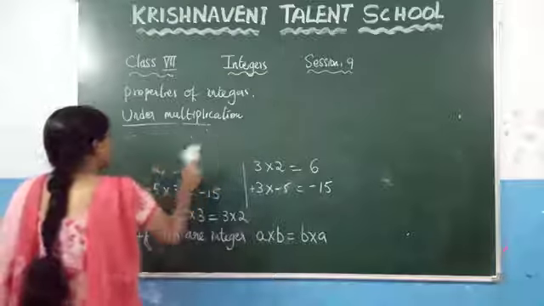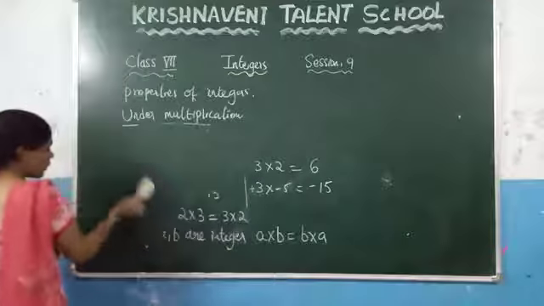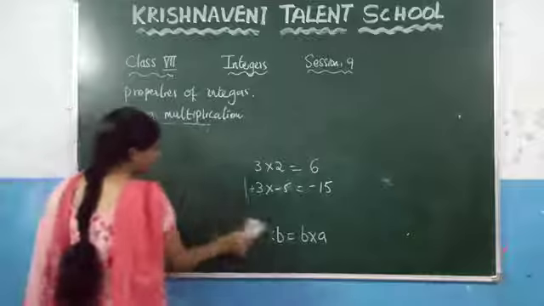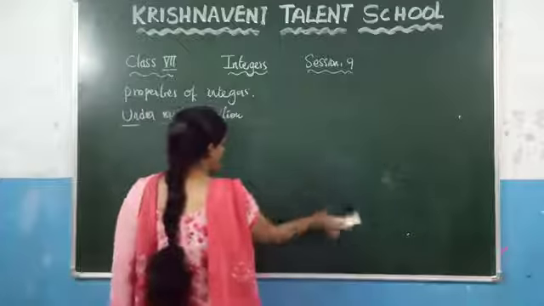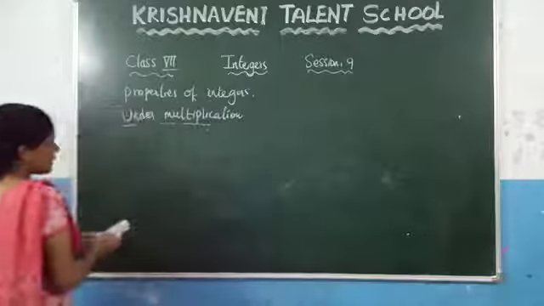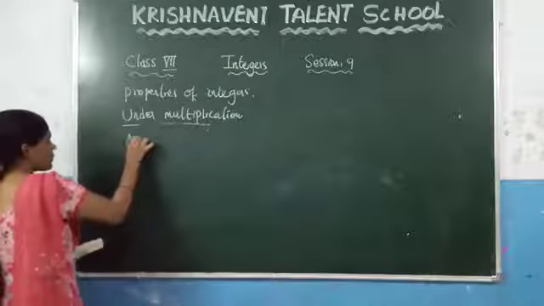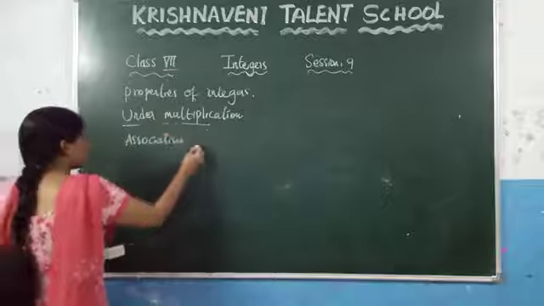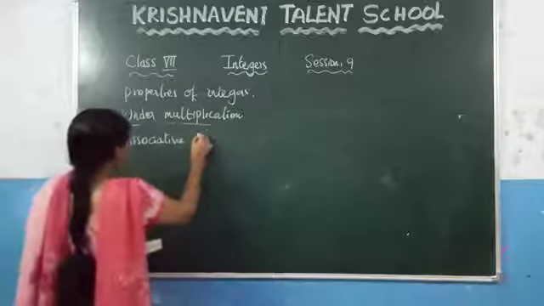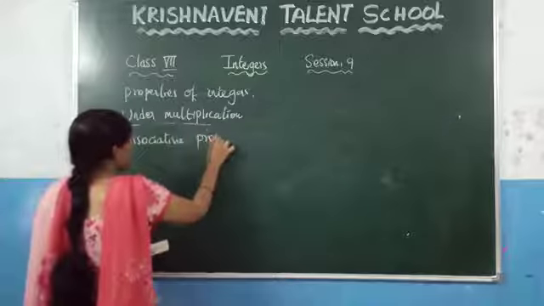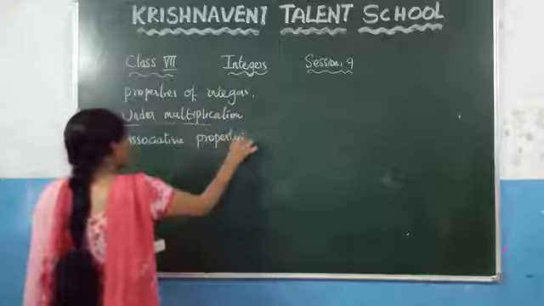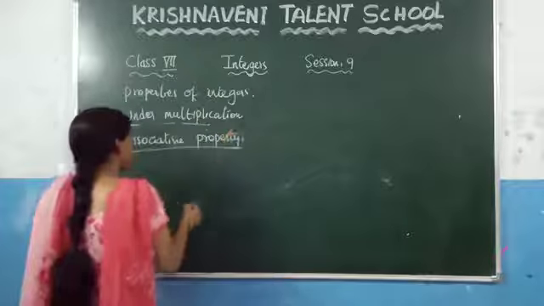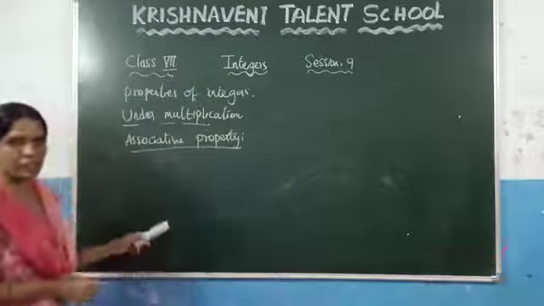Next, see the associative property. Before, we discussed it for addition; now we are discussing the associative property for multiplication, just changing the operation. We already stated that for the associative property we need 3 integers.